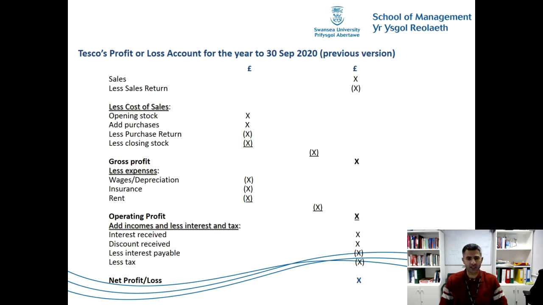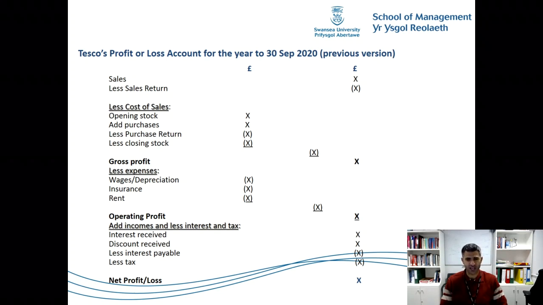If you look here, we have interest received, you add it up. You have discount received, you add it up to the business. Then you take away the interest payable and the tax payable.